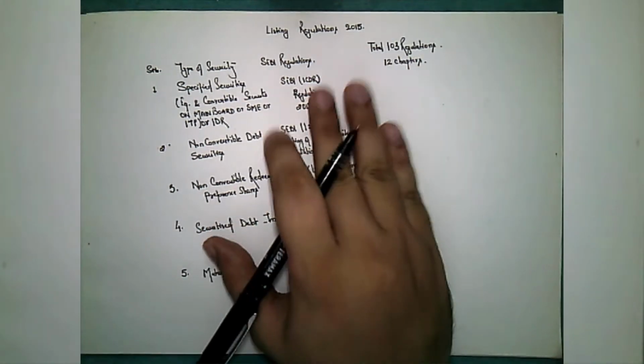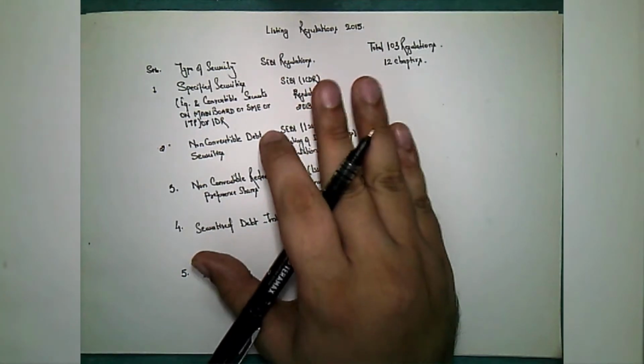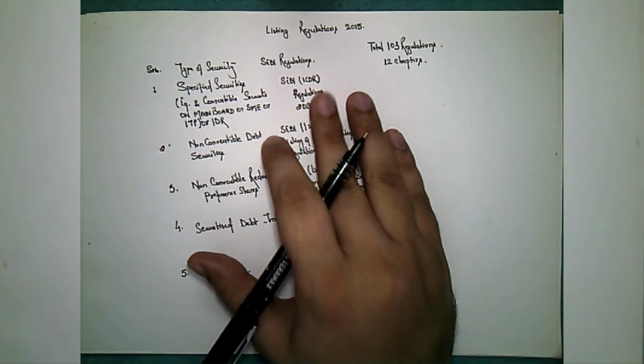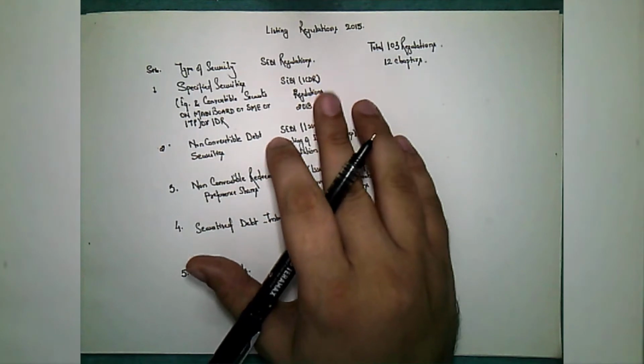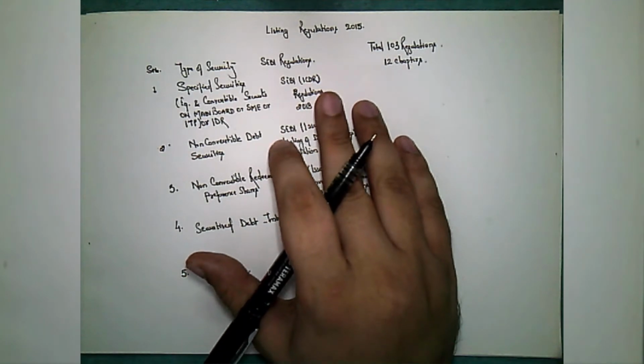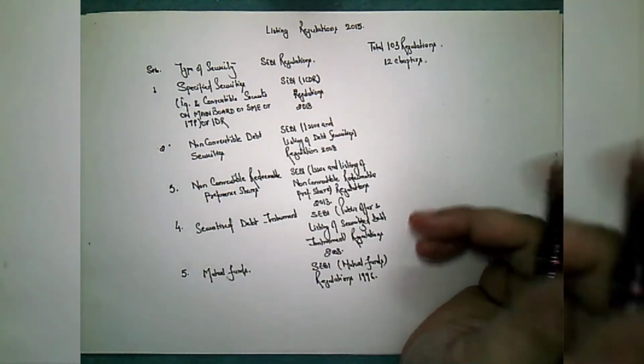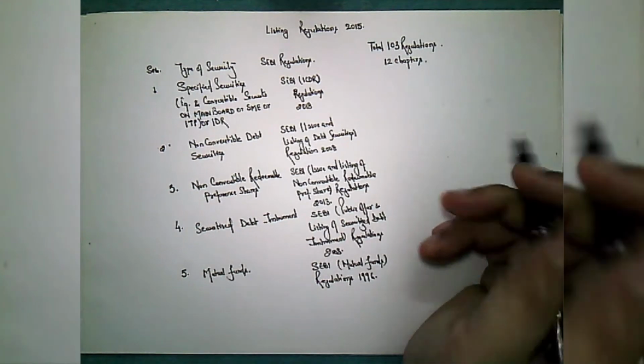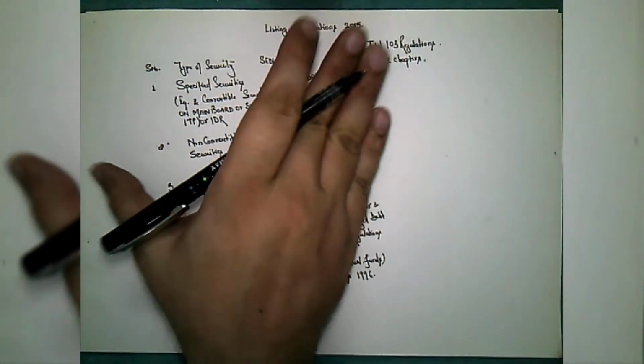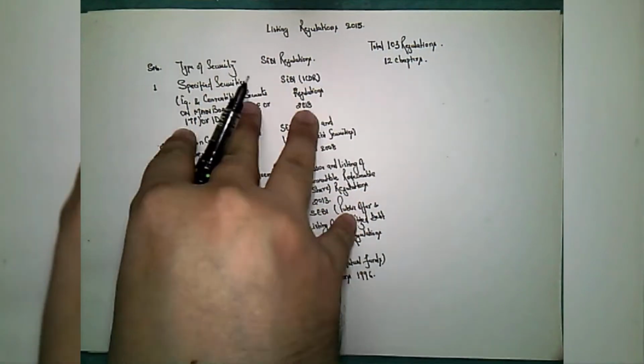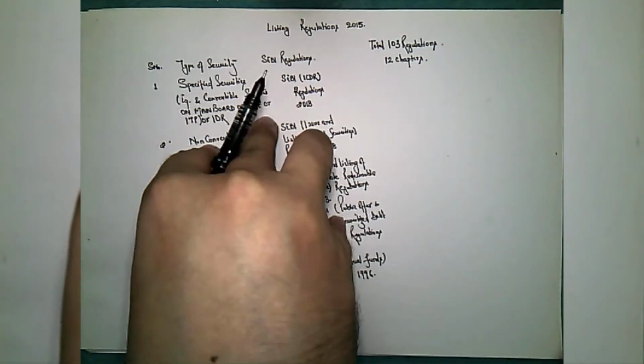Now in addition to these regulations, entities are also required to comply with the listing regulation 2015, which is further categorized. Now this is what we are not covering in this particular video.